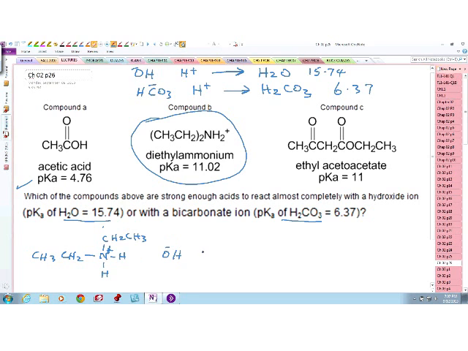Hydroxide comes here. Now what do we get? Hydroxide comes here. We pluck this proton away from this molecule, and then we get this product. There's a pair of electrons left behind, and of course we have water.